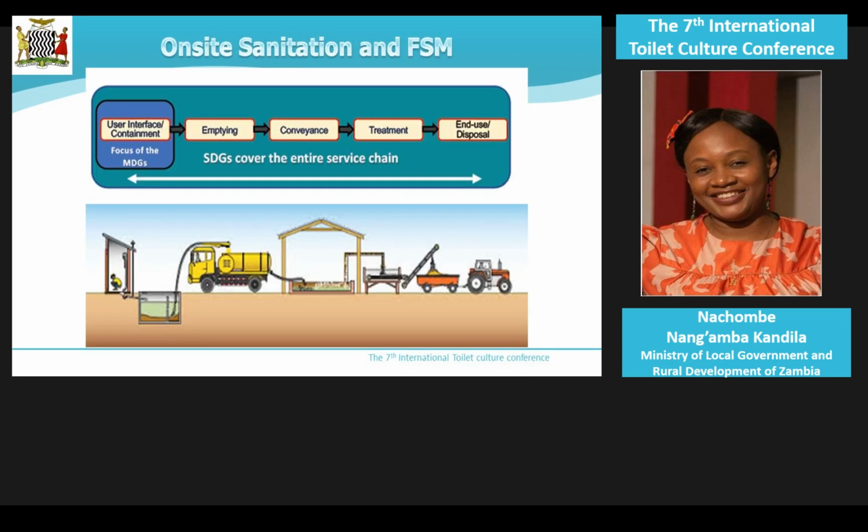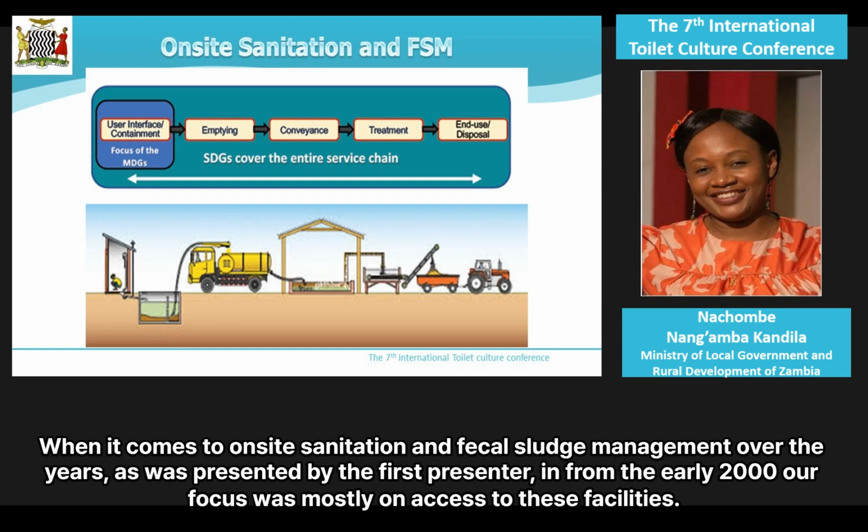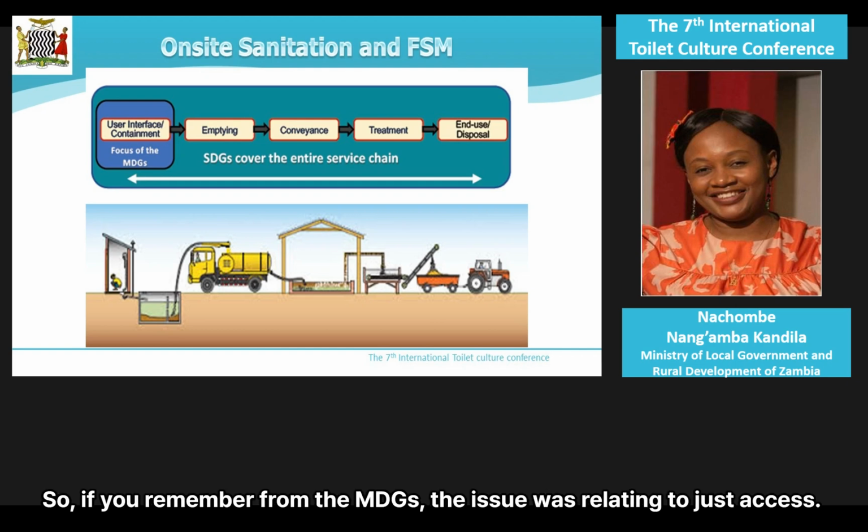Next slide, please. Okay. So when it comes to on-site sanitation and fecal sludge management, over the years, as was presented by the first presenter, from the early 2000s, our focus was mostly on access to these facilities. If you remember from the MDGs, the issue was relating to just access.